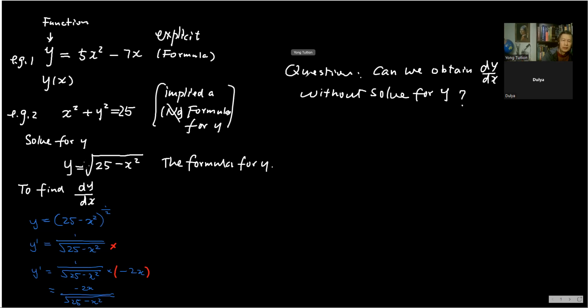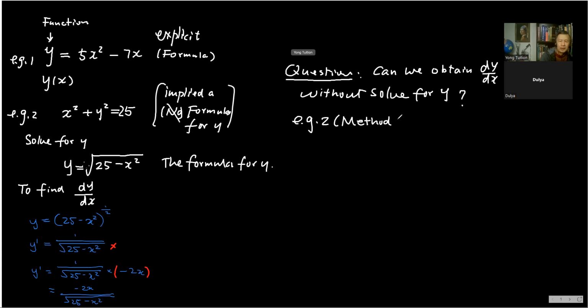Do you understand this question? Same example, right? You don't think so? You doubt, right? Let me show you how to do that. So we use the same example, but this is example 2, same example, but method 2.